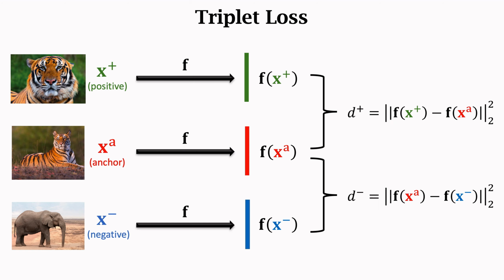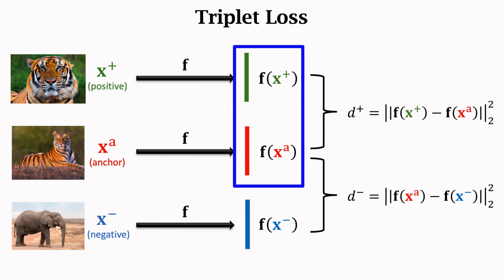We do the same to find the distance between the negative sample and the anchor in the feature space. Let d_negative be the squared L2 norm of f(x_a) minus f(x_negative). We hope the learned network F has such a property.